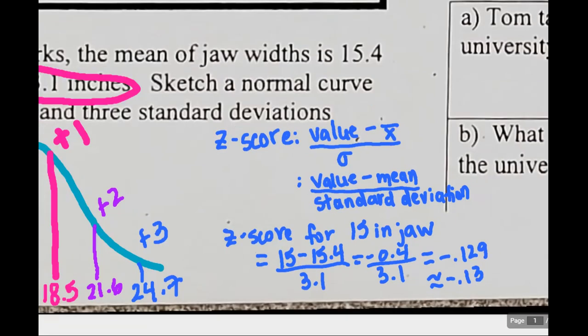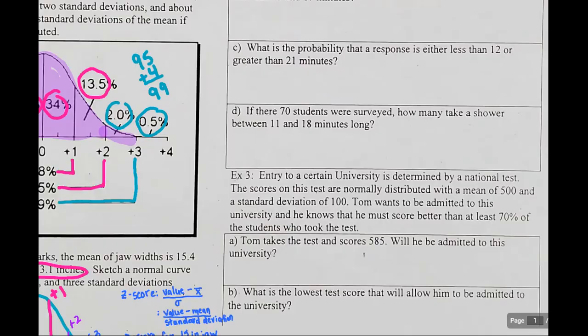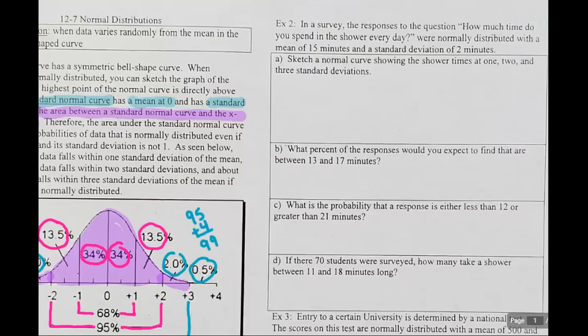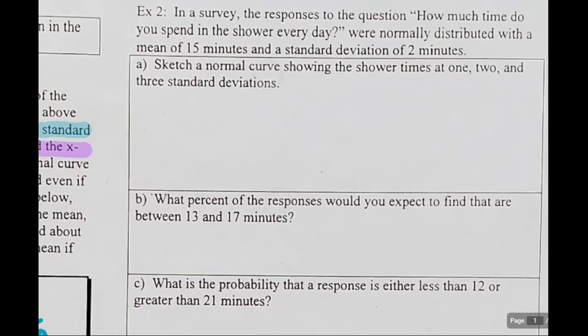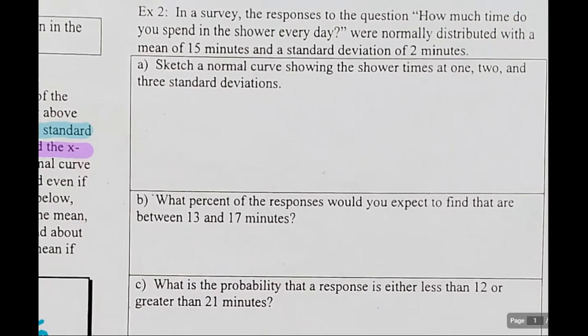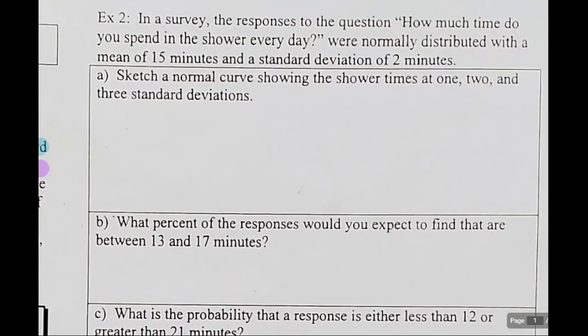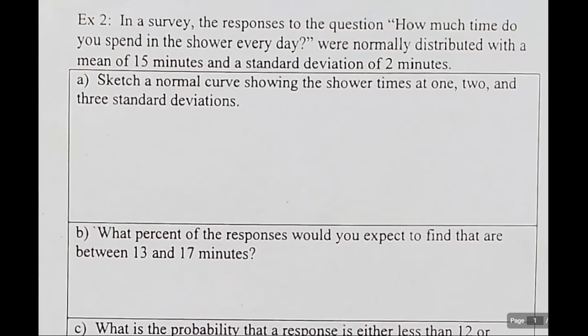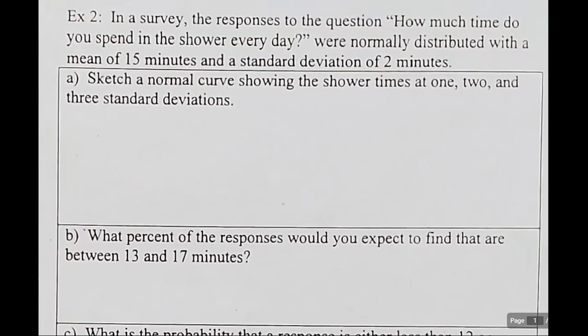Now, I'm going to take a look at this example here. It says, in a survey, the responses to the question, how much time do you spend in the shower every day, were normally distributed with a mean of 15 minutes and a standard deviation of 2. Sketch a normal curve and show the times at 1, 2, and 3 standard deviations.